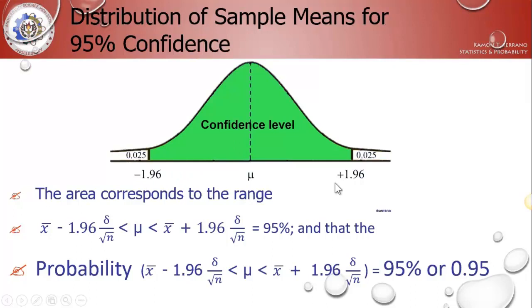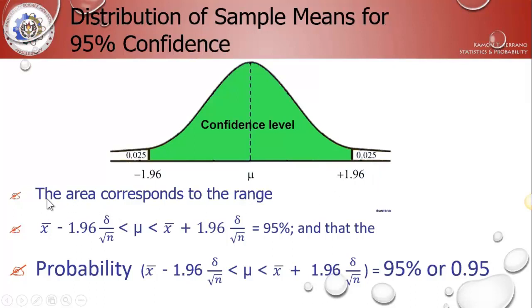At negative 1.96 up to 1.96, the area under this curve from the left side to the right side, from negative 1.96 to plus 1.96, you will get from your table 95% or 0.9500. So what remains is 0.05, which we divide by two. That means the area on the left is 0.025 and the area on the right is 0.025 also.